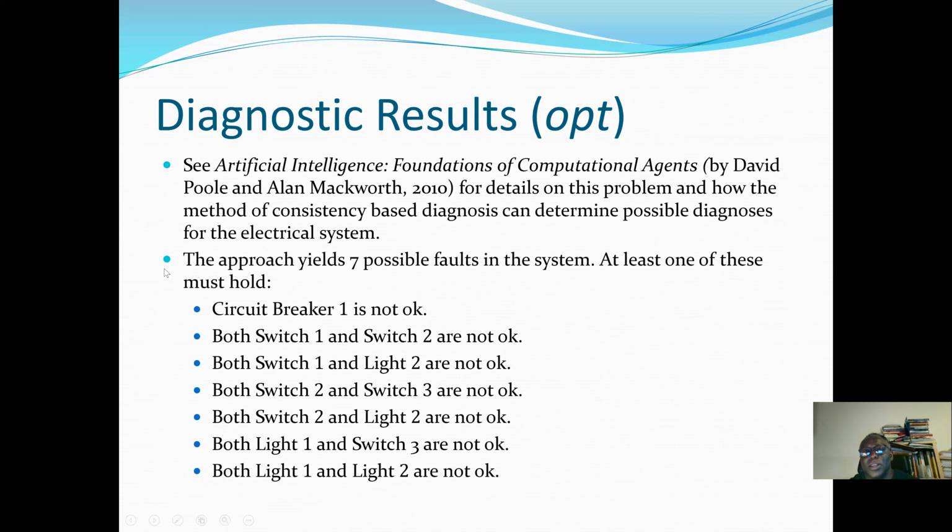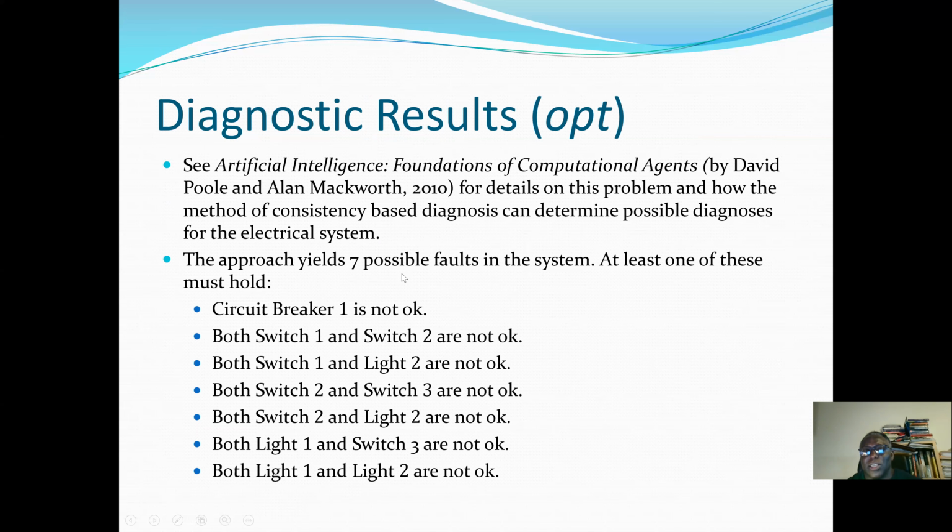Here they say we should see Artificial Intelligence: Foundations of Computational Agents by David Poole and Alan Mackworth, 2010 textbook, for details on this problem and how the consistency-based method of diagnosis can determine possible diagnoses for the electrical system.